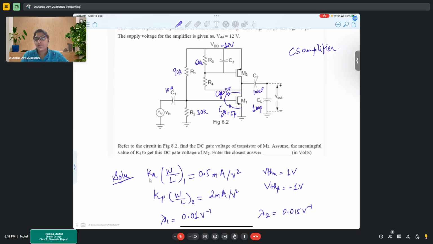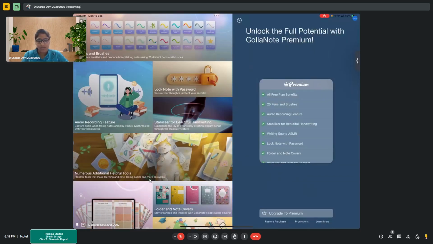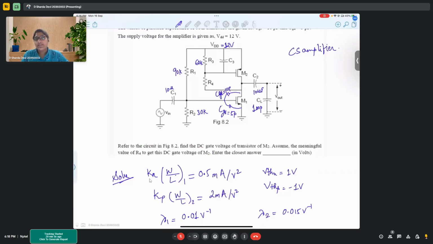MOS transistors are basically a few nanometers. In the very recent technology node, the length from source to drain is around 12 to 15 nanometers, max to max.